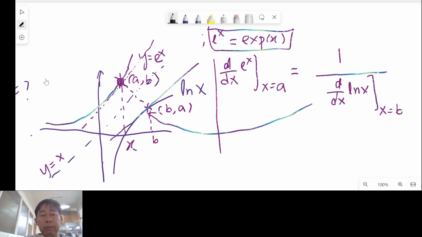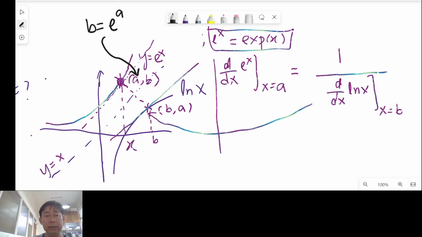Now we have to be a little bit careful to relate a and b together. Here a and b are closely related. Maybe I should just look at this point here. If b is sitting on the exponential curve, it means that this is the value of x, and when x is placed in the exponential function, you get b. Therefore, the relationship between a and b on this curve is that b equals e power a.